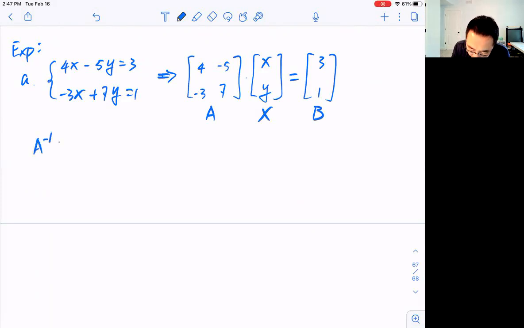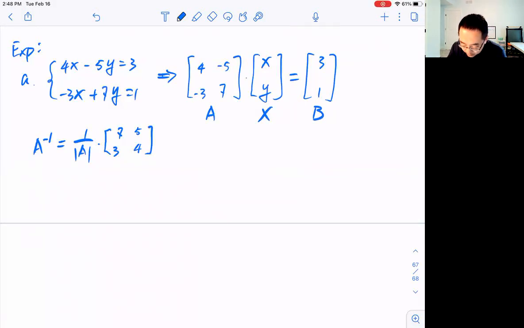And since this is a 2 by 2, we know that it equals 1 over the determinant of A times 7 and 4 switch places, and then -3 and -5 become the negatives of what they were before.